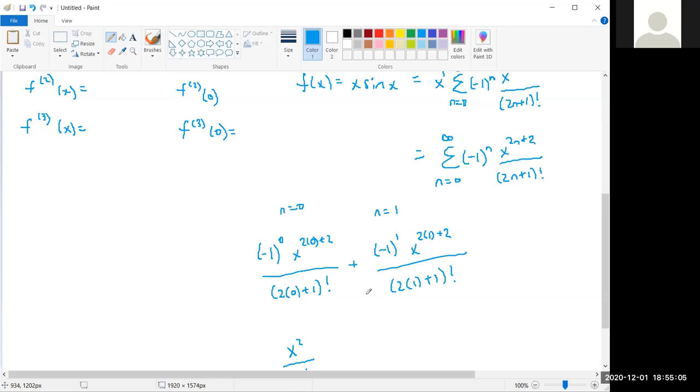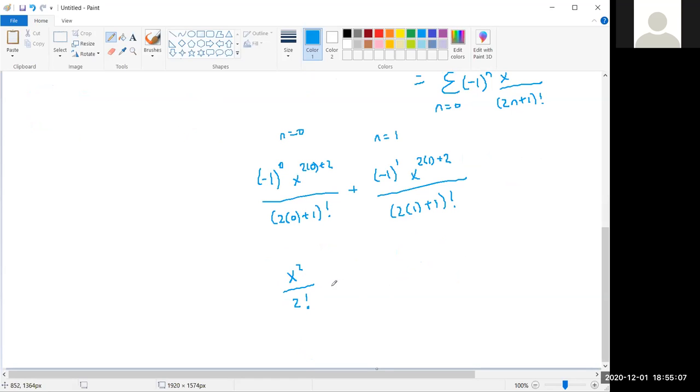Let's see what this term gives us. This would be -x to the 4th over, is that 3 factorial? Yeah, I think that's 3 factorial.